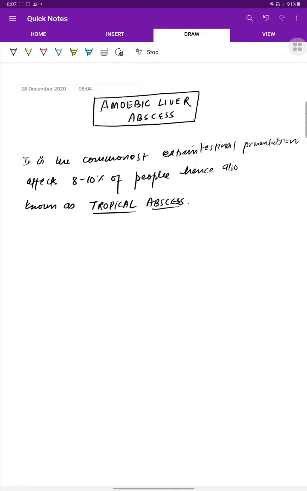Infection commonly occurs from the cecum as the effect of amoebic typhlitis, and through the superior mesenteric vein and portal vein it comes into the liver.